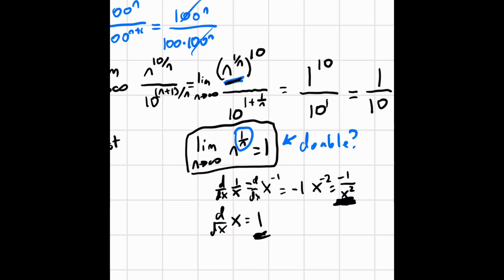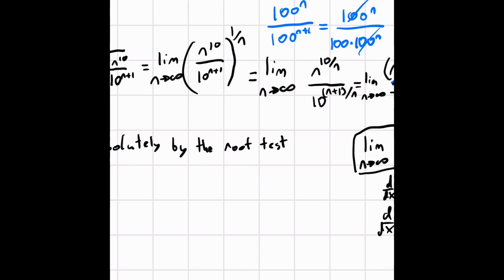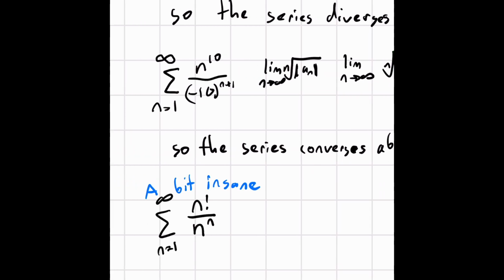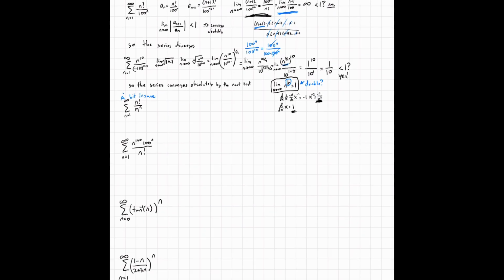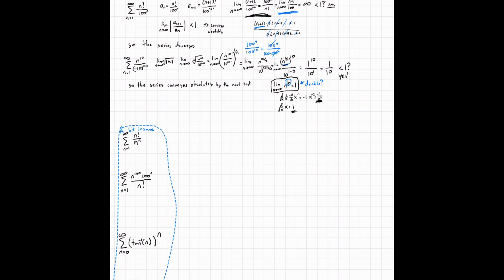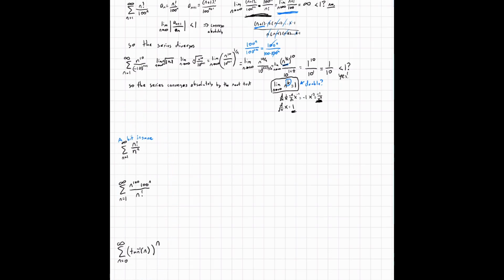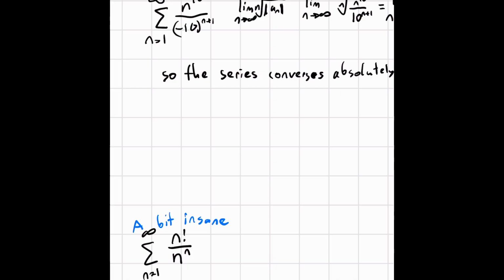So can we do this problem using the other test? Would that help us avoid this kind of problem where we hit that limit that we don't know? Well, let's make some room and see what the ratio test would look like for this one. So what is the nth term? n to the 10th over negative 10 to the n plus 1.